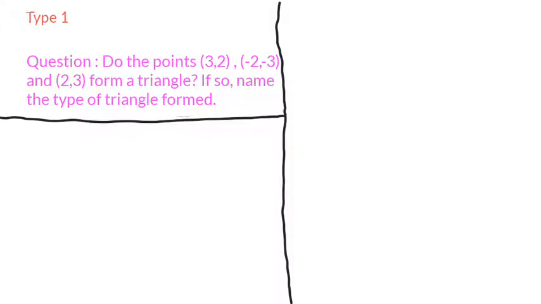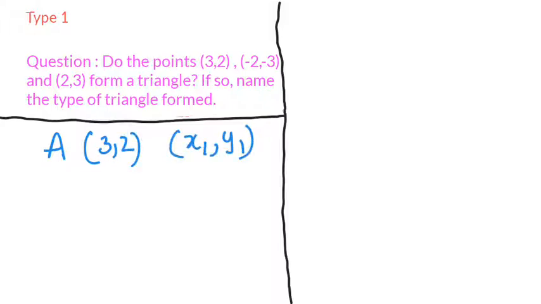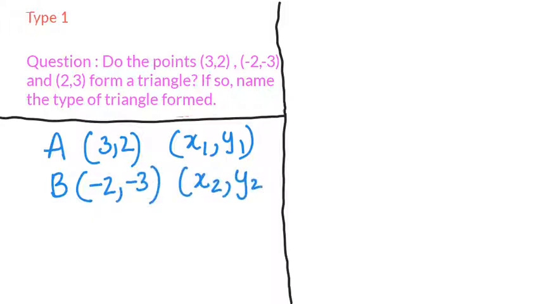Let's begin with naming the points. A as (3, 2), and let A be our (x1, y1) for the purpose of using it in the distance formula. B is (-2, -3), and that will be our (x2, y2), and the third point is (2, 3).